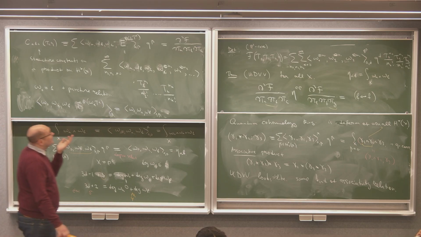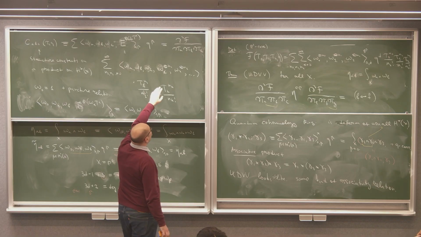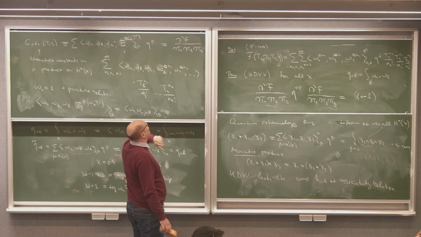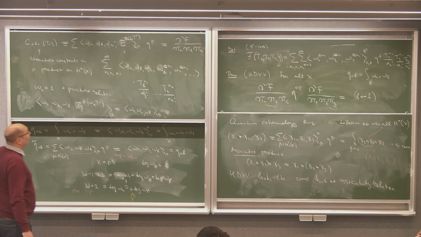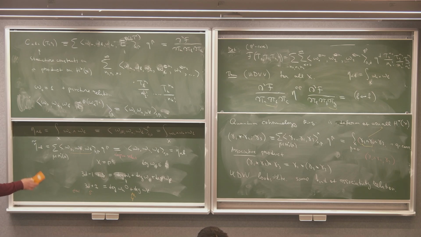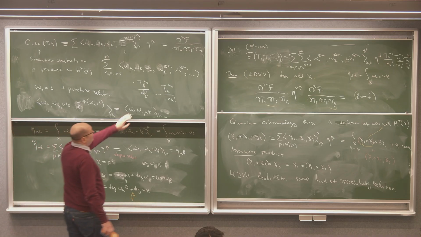I would say the origin of this n factorial is that we have a certain number of identical observables like omega 1, and we can't really know at which particular marked points these omega 1 observables are inserted. Therefore we divide by n1 factorial.